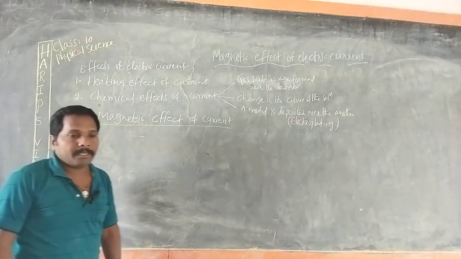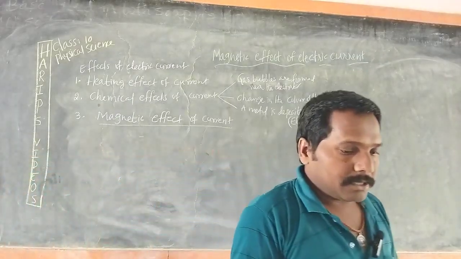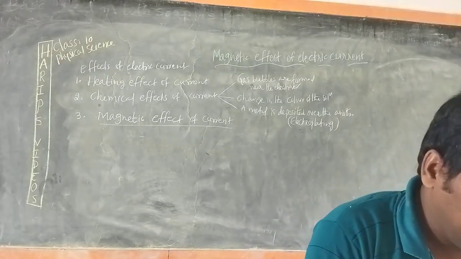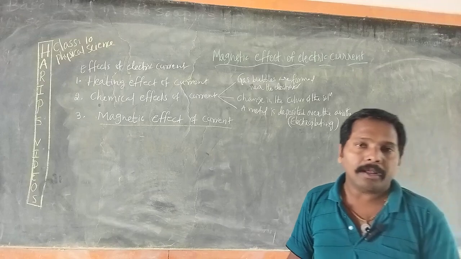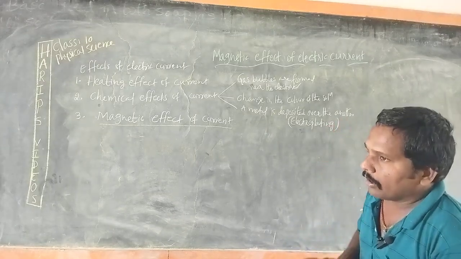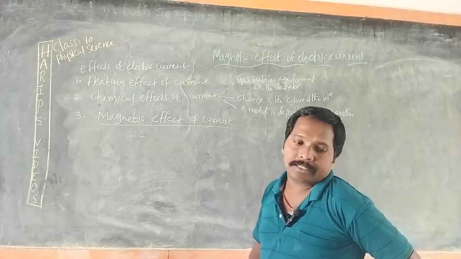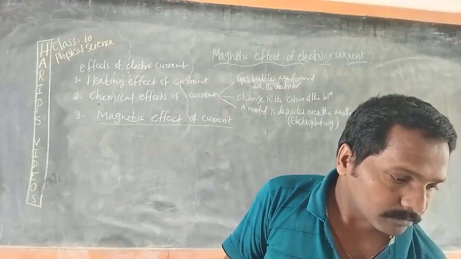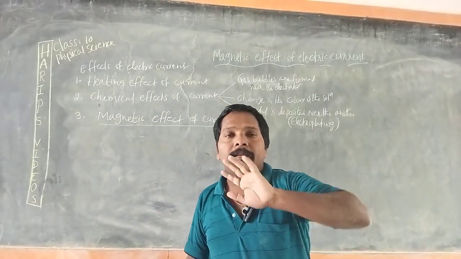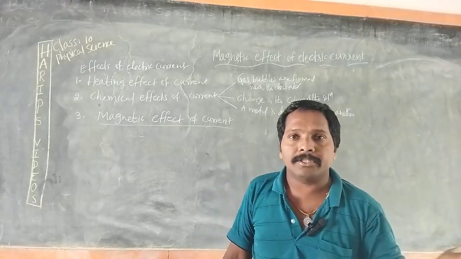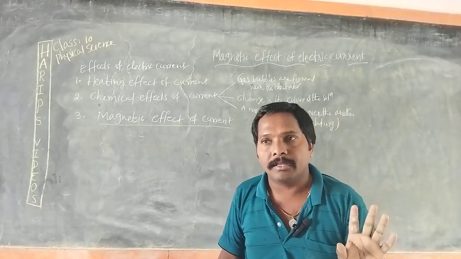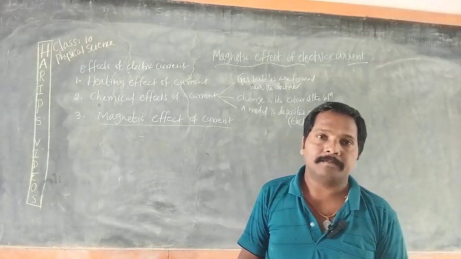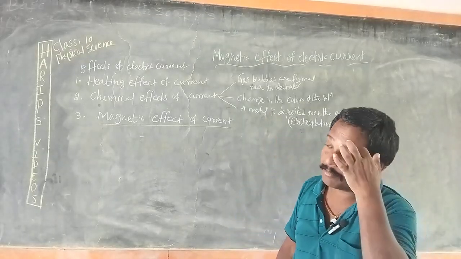Earlier, before 1820, everyone believed that there is no connection between electricity and magnetism.